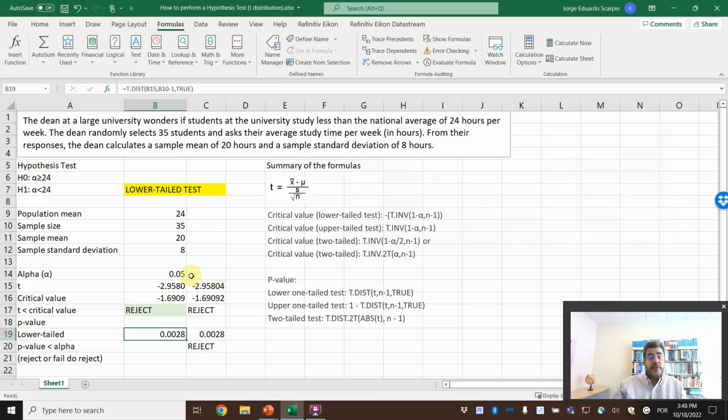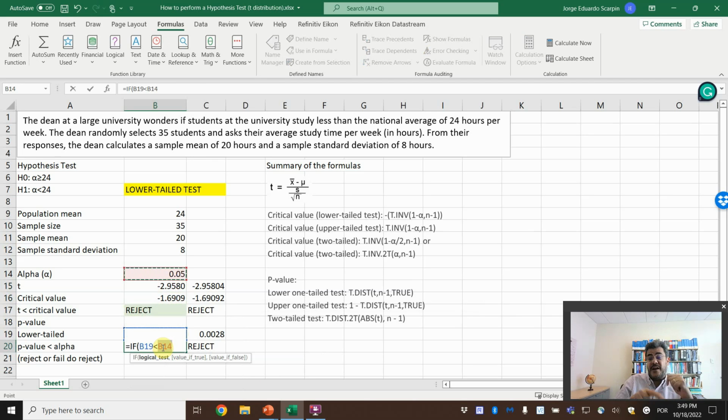And here the p-value is 0.028. By the way, if you want to find the 0.05 here, negative 1.6509, so if t is equal to the critical value, the p-value would be the same as alpha. But let's go back. What is our IF formula here? If p-value is lower than alpha, reject, otherwise fail to reject.